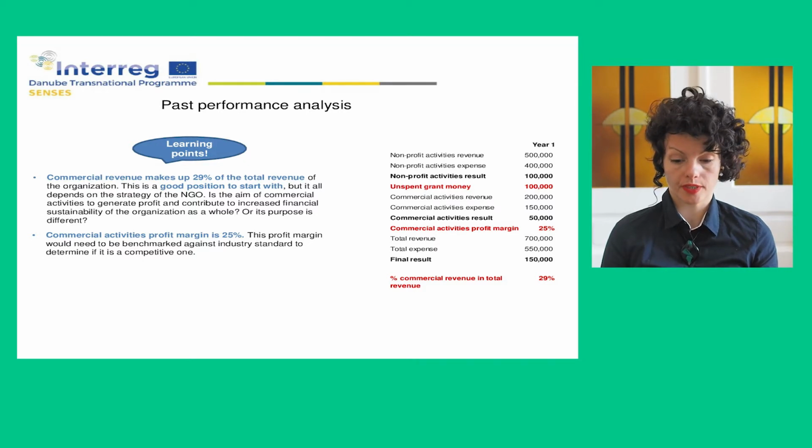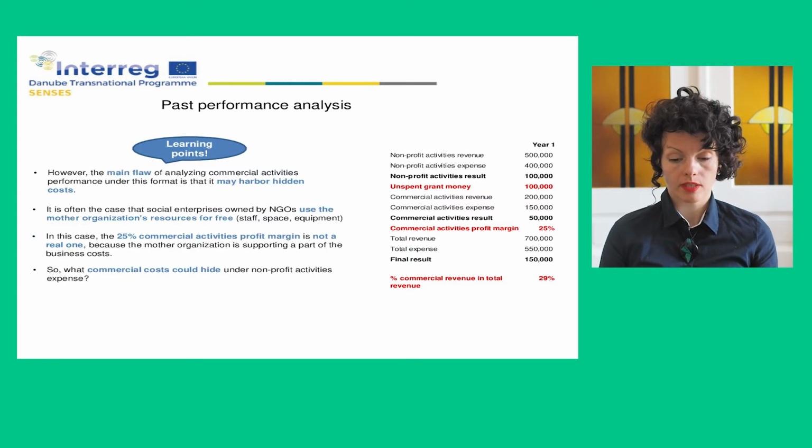Commercial activity profit margin is 25%. This profit margin would need to be benchmarked against industry standard to determine if it is a competitive one. However, the main flaw of analyzing commercial activity performance under this format is that it may harbor hidden costs.